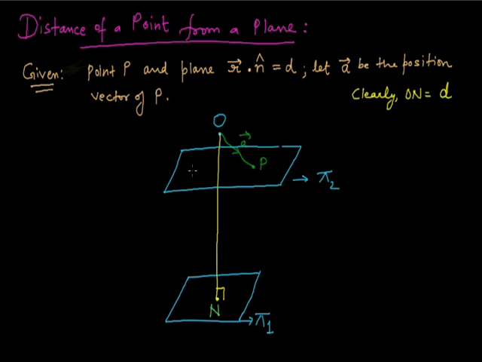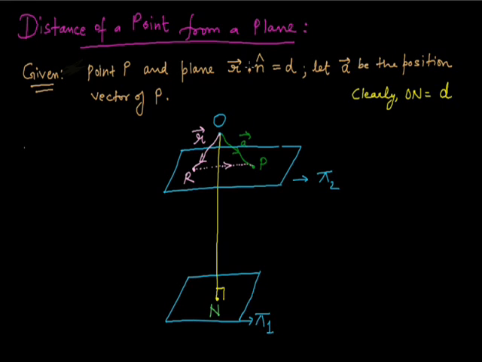Suppose there's an arbitrary point R in this plane pi2 whose position vector is r vector. Therefore, if I talk about RP vector, then this vector and the vector normal to this plane are perpendicular to each other.